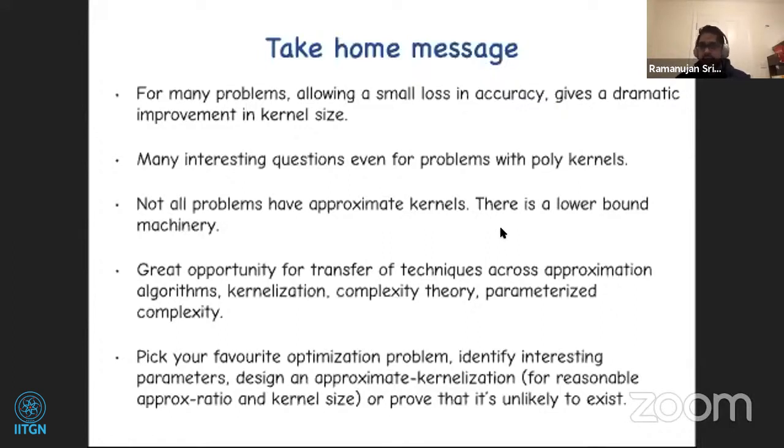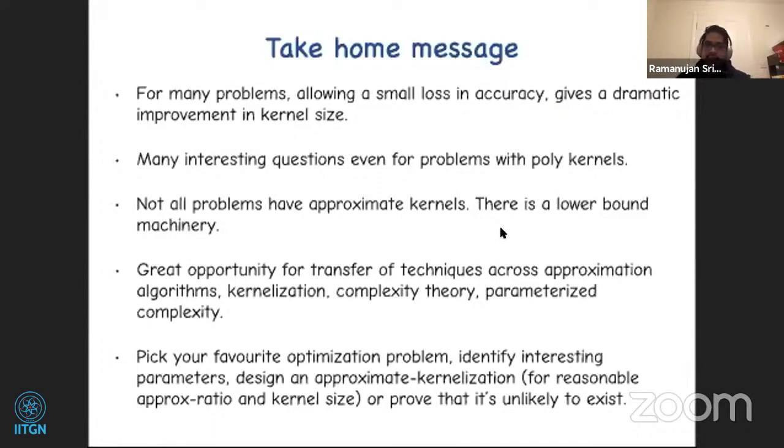Of course, one thing to remember here is that if the problem already has a polynomial time 2 approximation, this question doesn't make sense. So one should always keep in mind this baseline from which you start. What is the best known approximation ratio? What is the best known kernel bound? Based on that, you generate your meaningful questions.